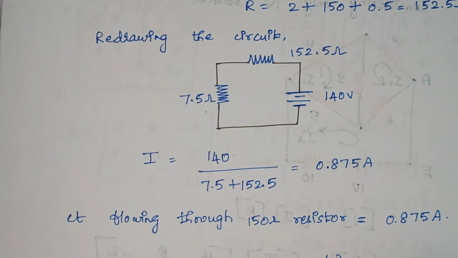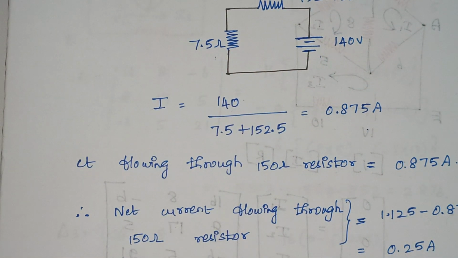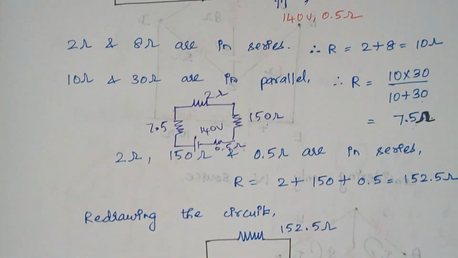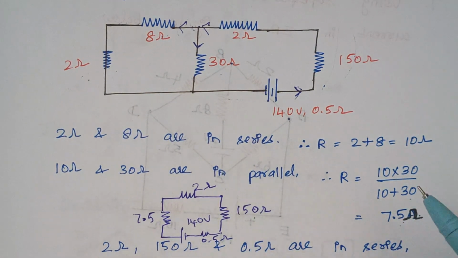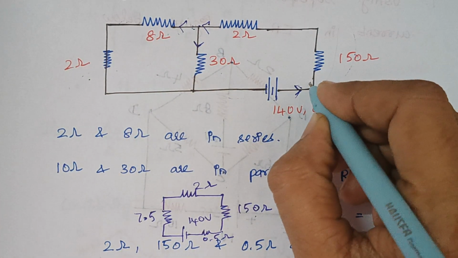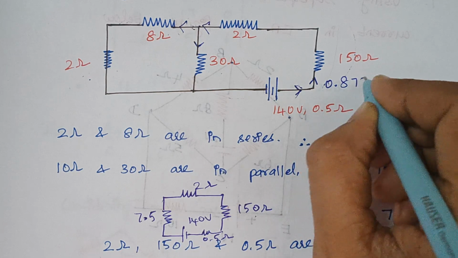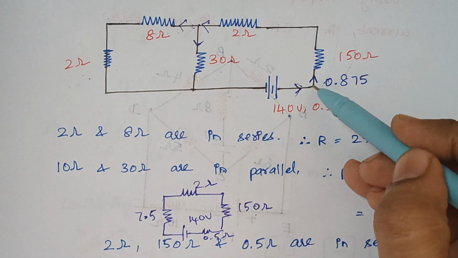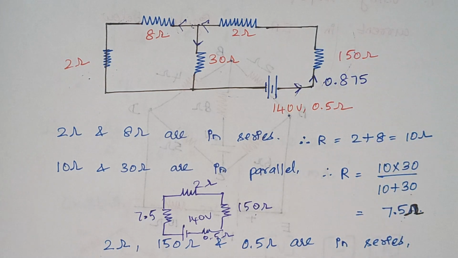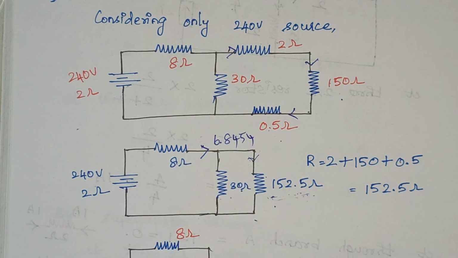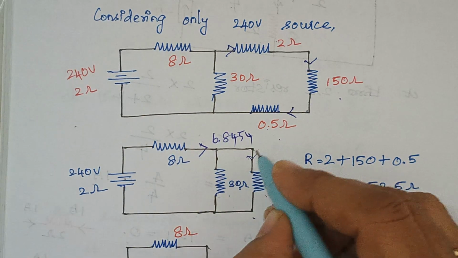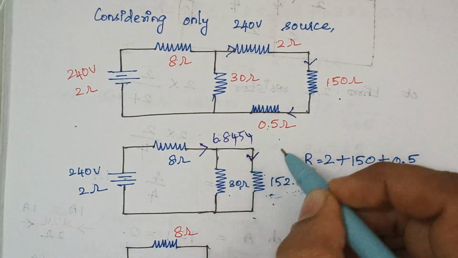Now we are going to calculate the net current that flows through this 150 ohm resistor. To calculate the net current, we have to consider the current constituted by these two sources. The current given by this 140 volt source is 0.875, and it flows from bottom to top. Again, when you consider this other circuit, the current flows from top to bottom.